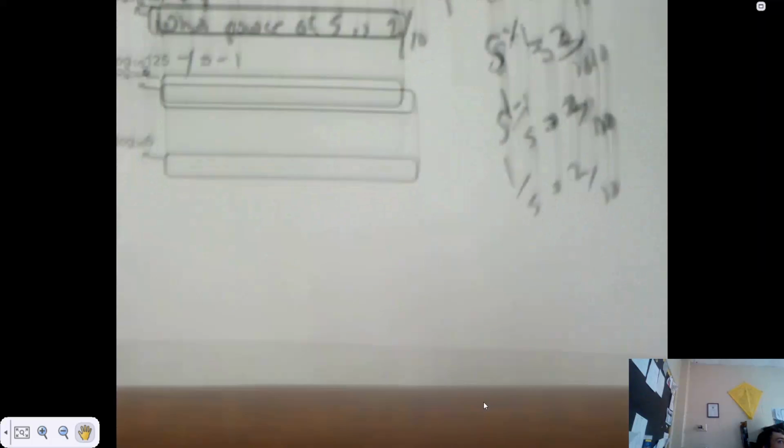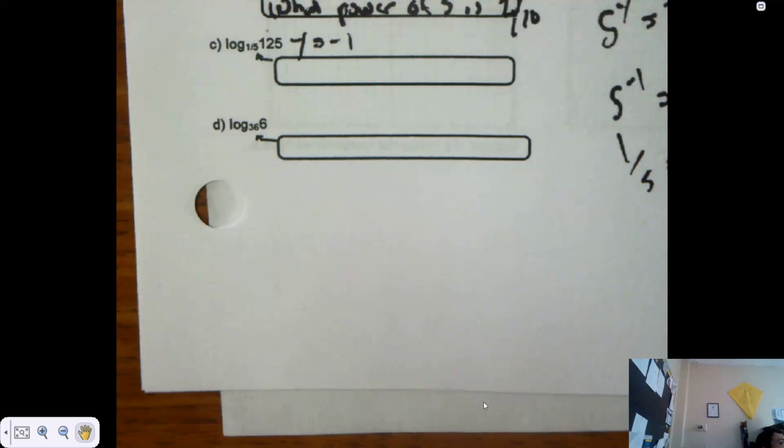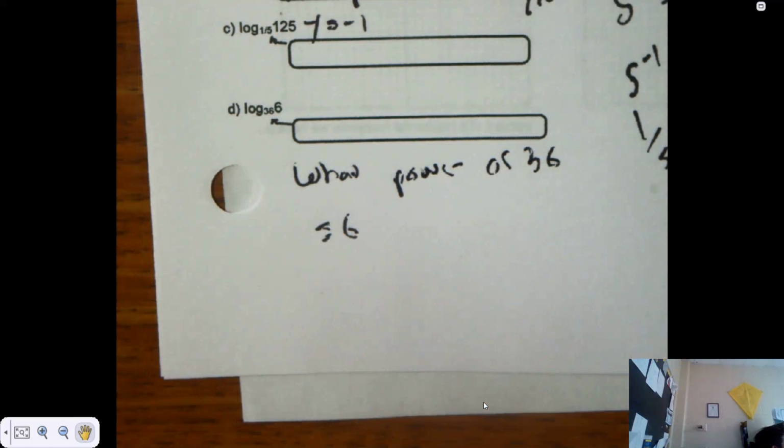All right, we'll jump down to D. This is log base 36 of 6. What's it asking? What power of 36 equals 6? Anybody know the answer to that? I'll give you a big hint.